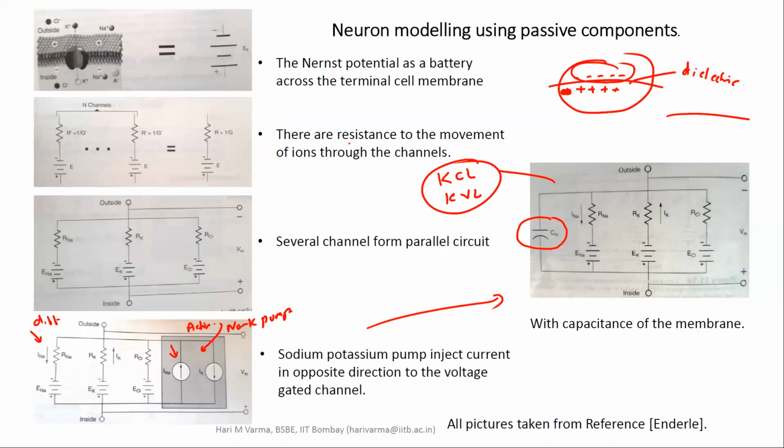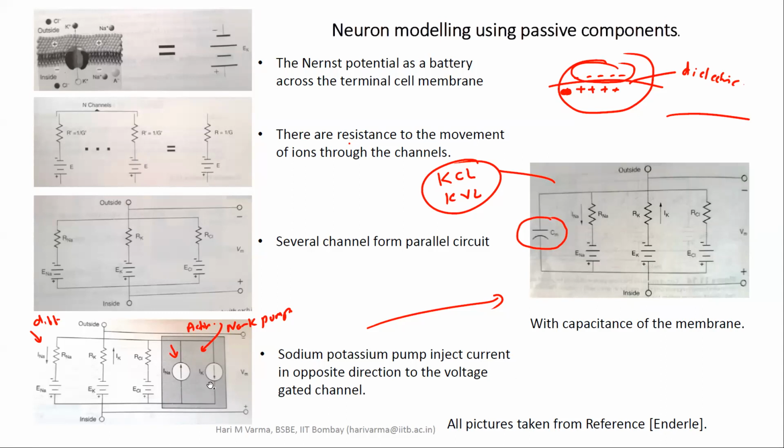It can take things from a lower concentration to a higher concentration, lower potential to higher potential, but you have to spend energy. So the direction is different. You can see that the sodium channel current is from outside to inside, as dictated here, while the sodium current due to the sodium potassium pump is from inside to outside.